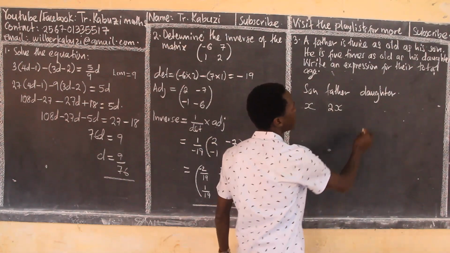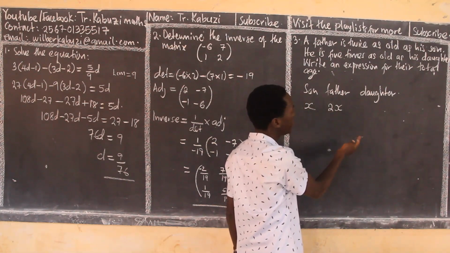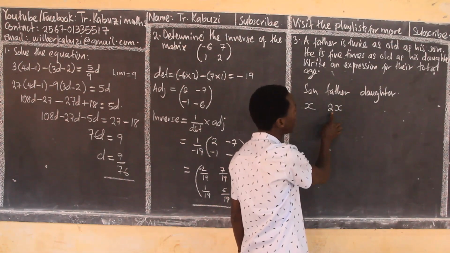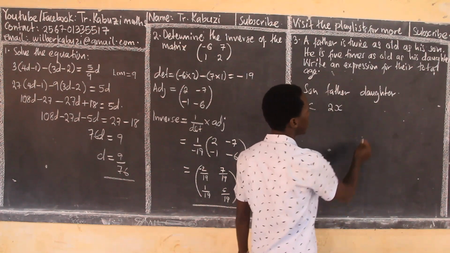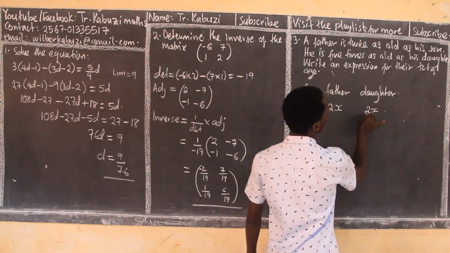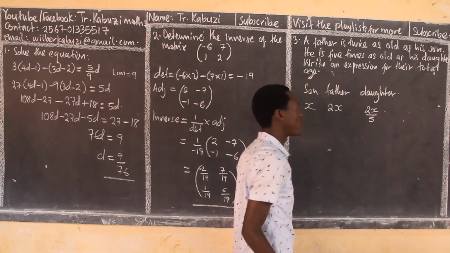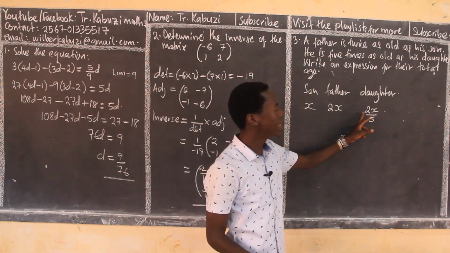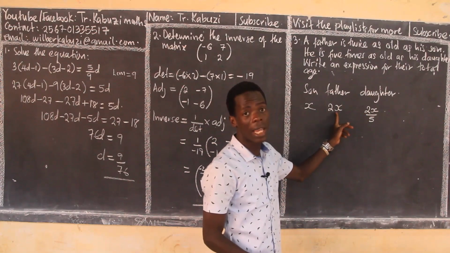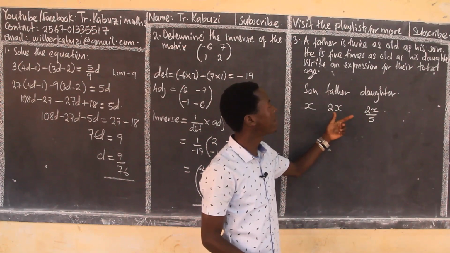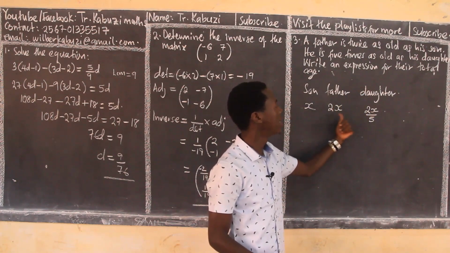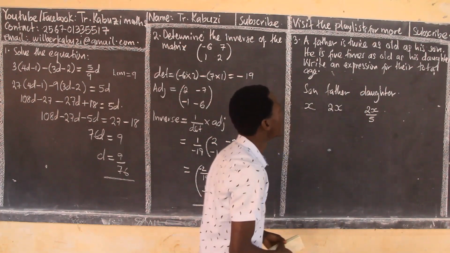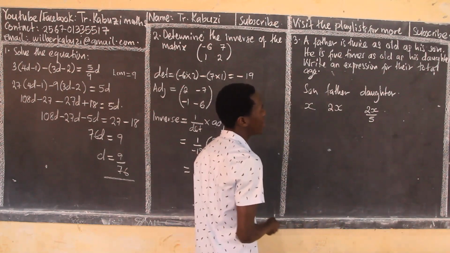We divide by 5. So this will be 2x over 5. Meaning, when I multiply this age by 5, I'm going to come back to the age of the father. In simple terms, you get the reciprocal of the times they are telling you, and then that will be the age of the daughter.